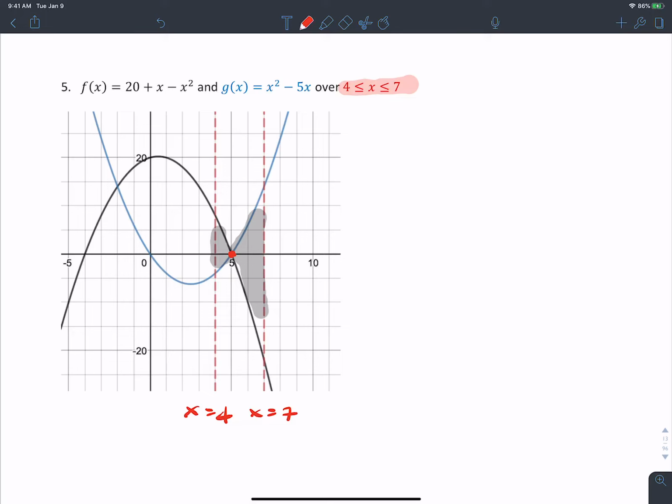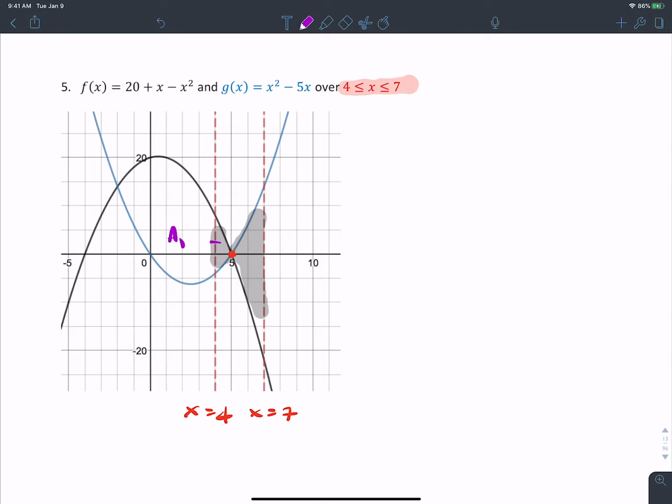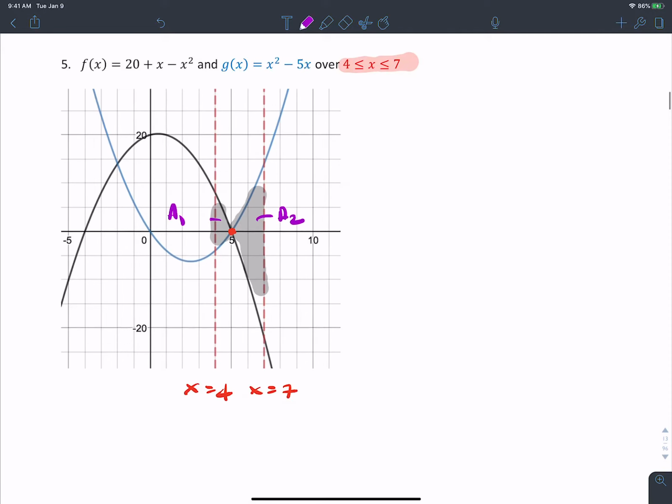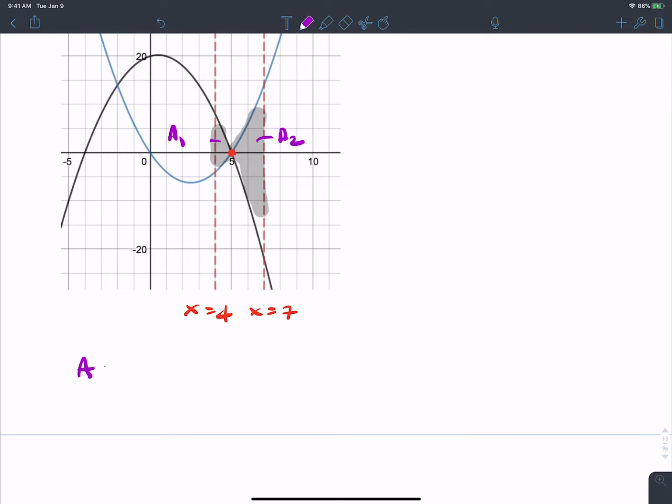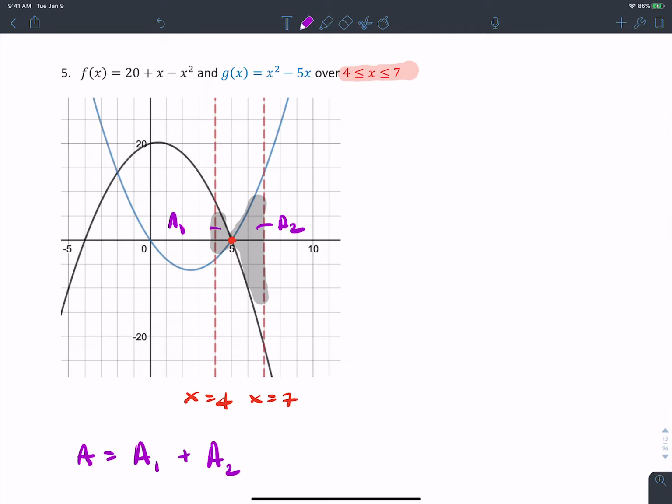So I have two locations here, two intervals. So I'm going to have to find this A1, this A2. So my area will be simply A1 plus A2. So we're going to have an integral here, really two.